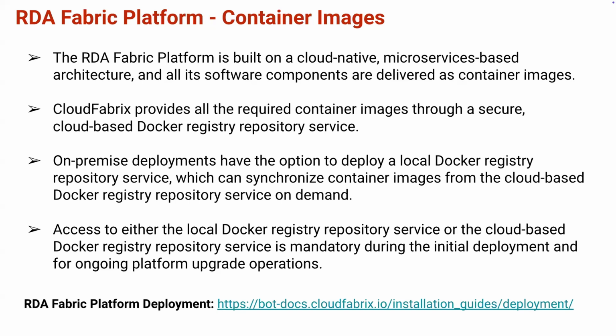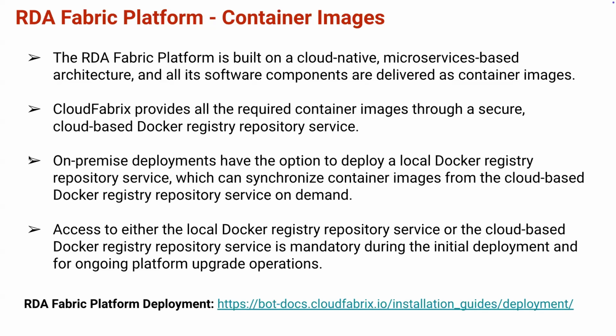Not only that, if there is a restriction on providing access to the internet, we can use this management VM, restrict the internet access to only this management VM, and exclude internet access for the rest of the RDAF core platform virtual machines.